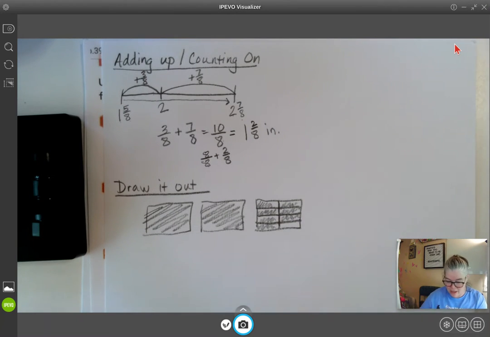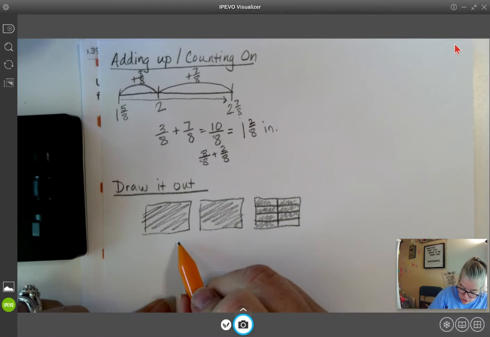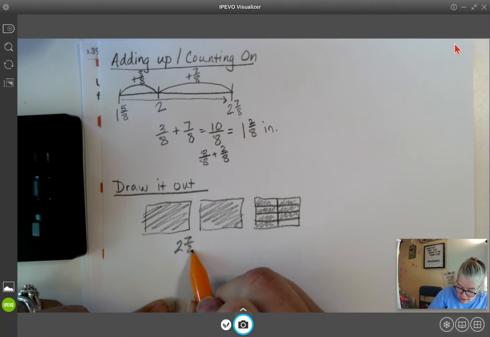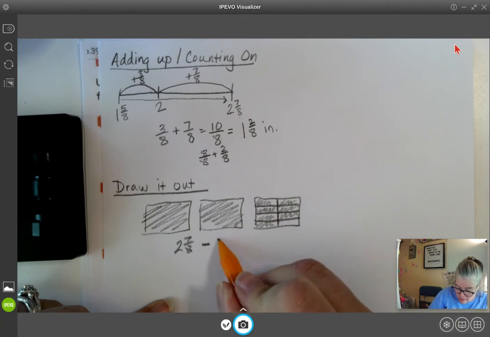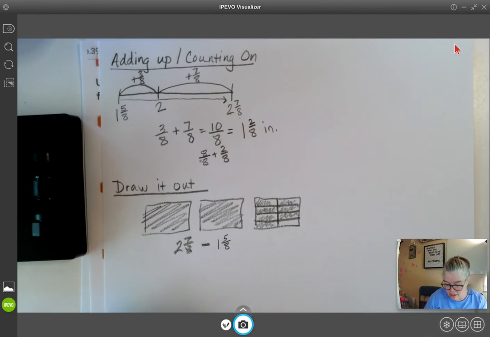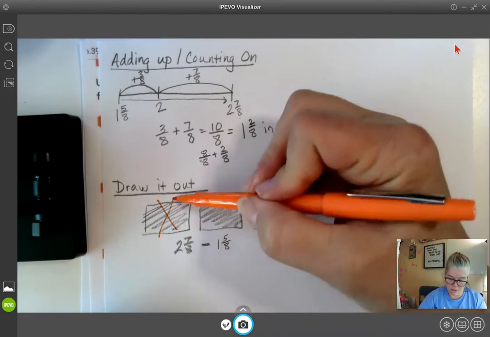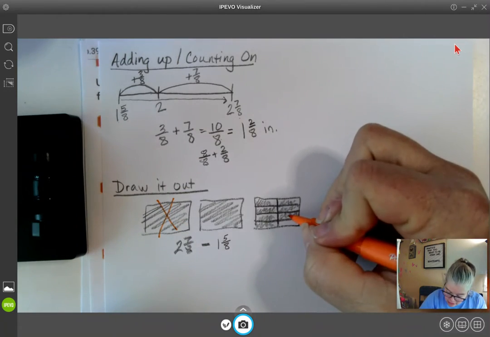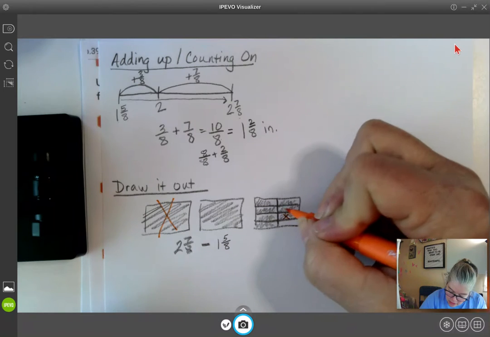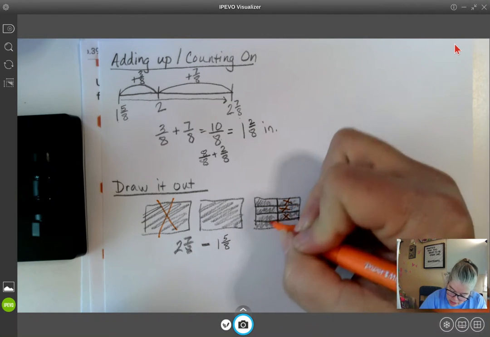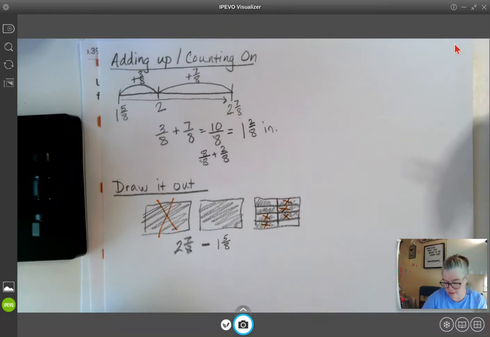Now I know that with my subtraction problem, I have 2 7/8, and I want to take away or subtract 1 5/8. So that means I need to cross off 1 whole and 5/8 more. So I'm going to cross off 1 whole, and then I'm going to come over here and cross off 5/8. So 1, 2, 3, 4, 5/8 are gone.